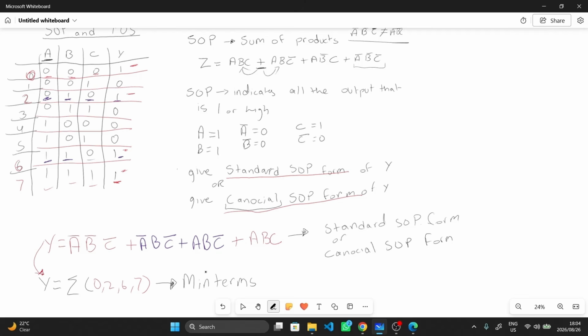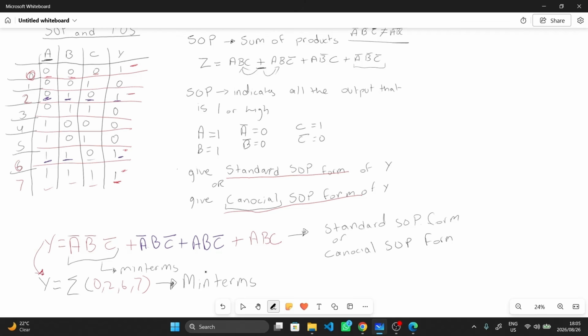And also these values are also asked as min terms, right? So even these values, or a simple expression, or the term, we call the min terms, right? And how do we get that? So that's the easier way.